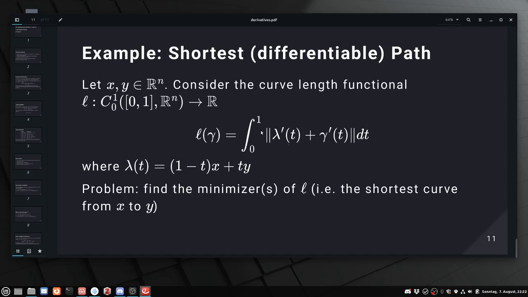But instead of directly working on functions, I'm saying any curve from x to y is just the straight line plus some perturbation. The reason is that the perturbations form a vector space, which I need to have the derivative. Think of gamma here as just some perturbation around your straight line.